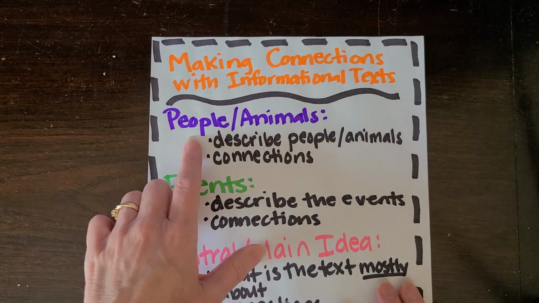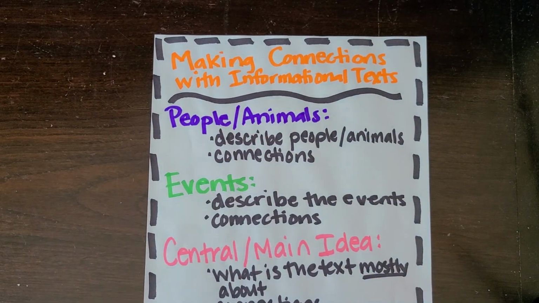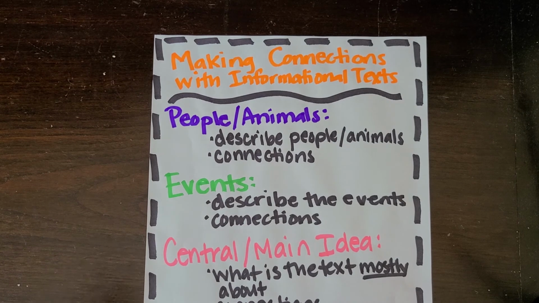So these are the things I want you to focus in on this week. I want you to focus in on the people or the animals that are in the text. Describe them. Tell me about what you've learned. Is it about an animal? Is it about a people group? Is it about a specific person? Tell me about that person. Tell me about those animals. And then what connections can you make to them? Anything that you have read, anything that's happened to you, anything that's happened to somebody who's close to you, or anything that's going on in the world.